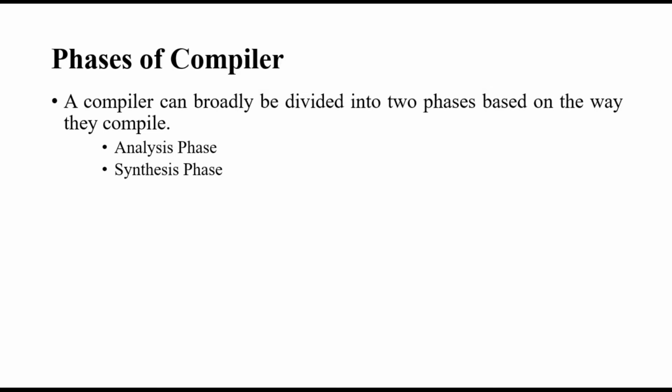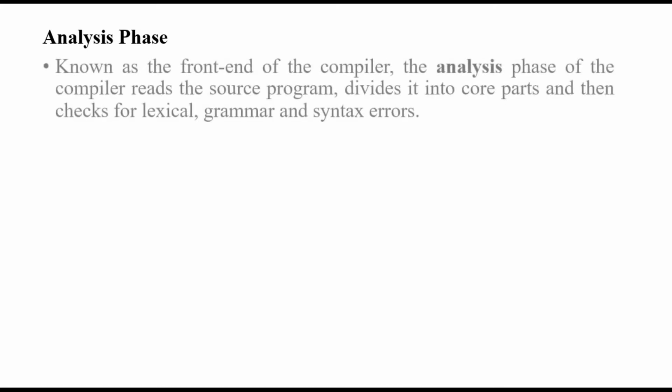So a compiler can broadly be divided into two phases based on the way they compile: the analysis phase and the synthesis phase. The analysis part breaks up the source program into constituent pieces and imposes a grammatical structure on them. It is also known as the front end of the compiler.